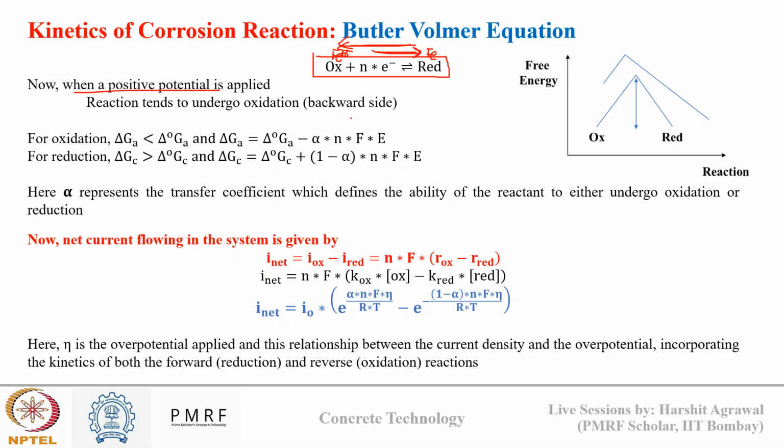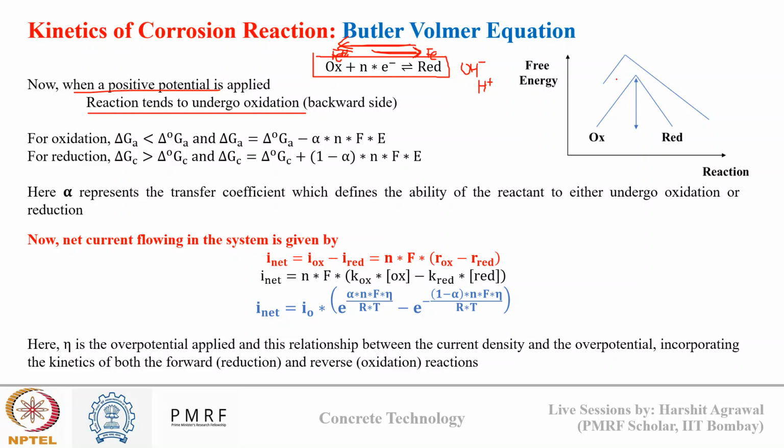Okay, so this is how the equilibrium shifts based on the application of a potential, or change of pH also, if we had OH minus ion or H plus ion in the equation. So when we apply positive potential, the reaction tends to undergo oxidation.